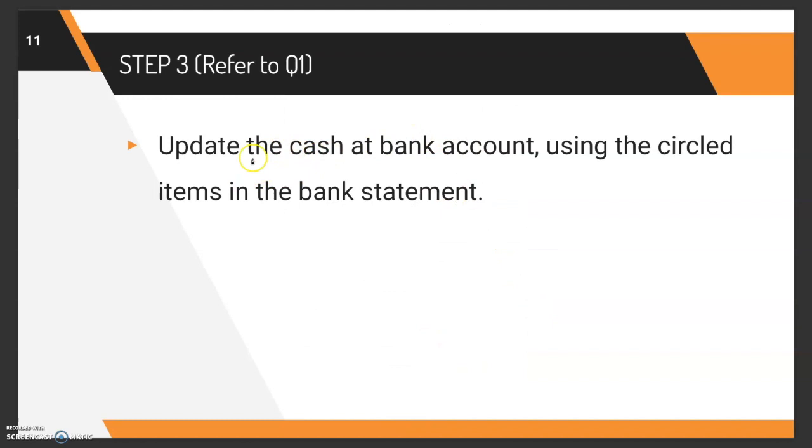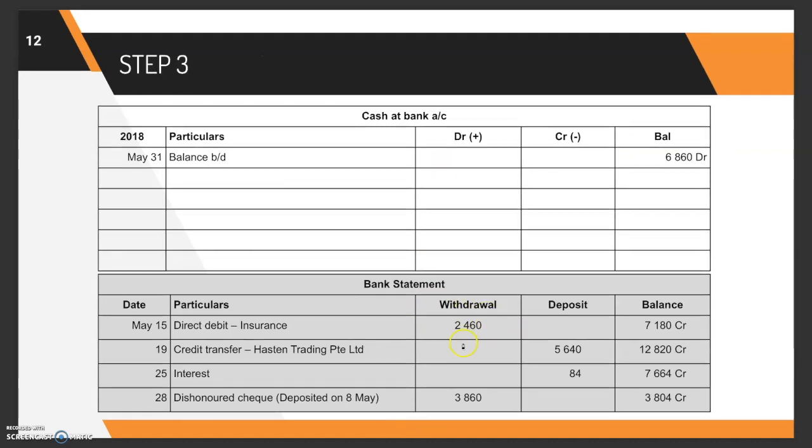So what we do now is we update the cash at bank account using the circled items in the bank statement. And as you can see, these are the 4 things. So we will take all the withdrawals and we will update into the ending balance of that month.